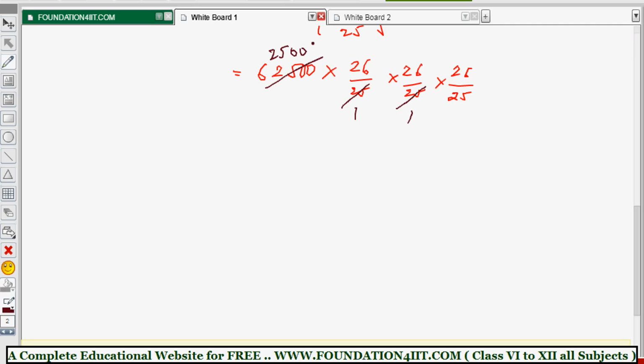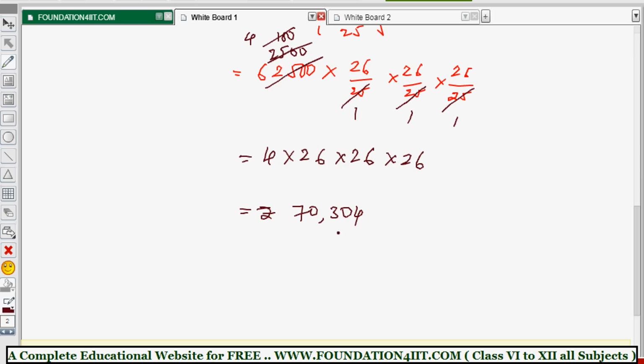Again 25 hundreds are 2500, and 25 ones are 25, fours are 100. If you do calculations like this, you can make it fast. Then 4 into 26 into 26 into 26. These 4 numbers, if you multiply, you will get that amount. So just multiply using the calculator: 4, 26, 26, 26. That is 70,304. So I calculated. That is the amount.